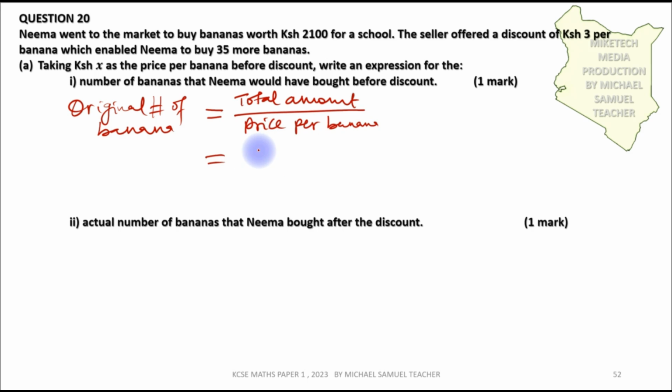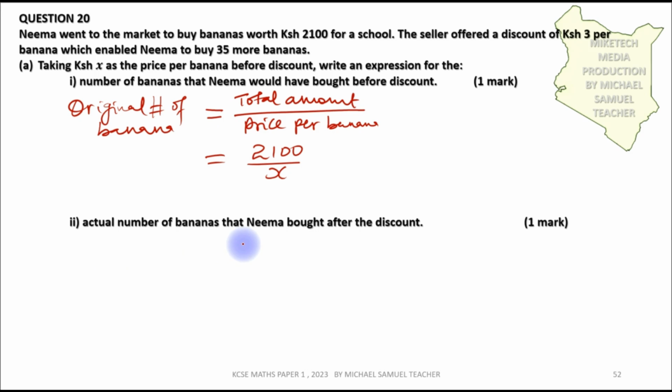The total amount was 2,100 shillings, and the price per banana before the discount was X shillings. So that is the expression for the number of bananas before discount.